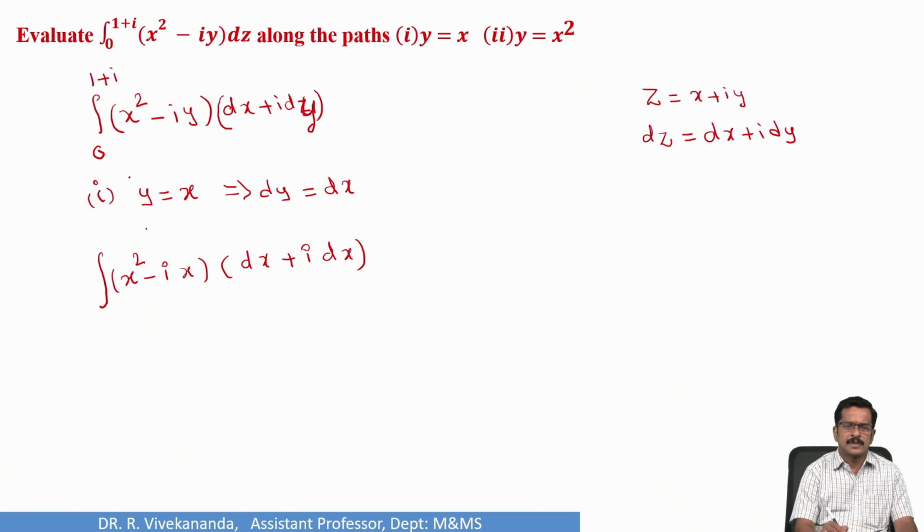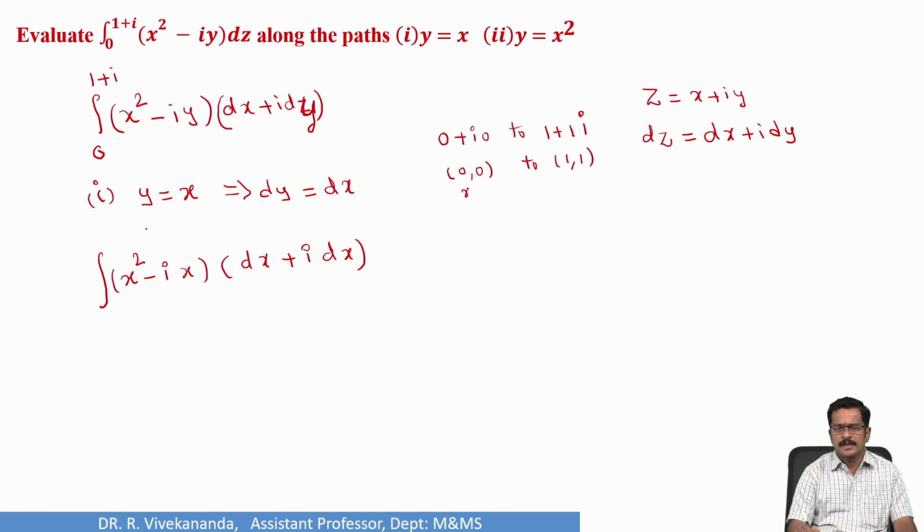And about limits, here we have 0 to 1 plus i. 0 to 1 plus i means 0 plus i0 to 1 plus i, that is 1 into i. Means here the point 0 comma 0 to 1 comma 1.